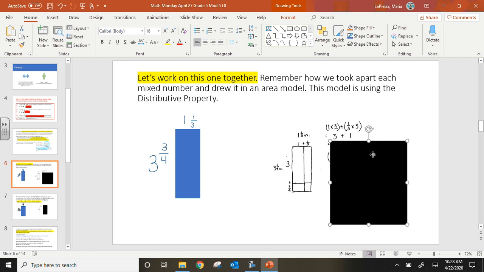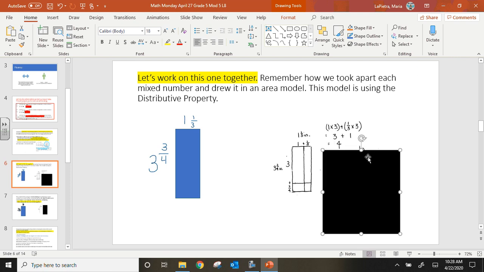There we go. Okay. So for the first part, I had 3 times 1 is 3. 3 times 1/3 is 1, because that would be 1/3 times 3 over 1 is 3 over 3. And 3 over 3, we know any number over itself gives us 1 whole. So now I have 3 plus 1 is 4. So that takes care of this part.